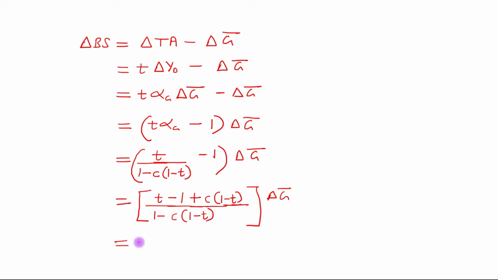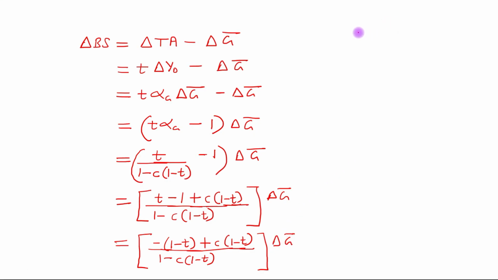In the next step, we will write 1 minus MPC 1 minus tax rate, and we will take minus 1 common from these terms, so it will be minus 1 minus T plus C 1 minus T and change in G bar.